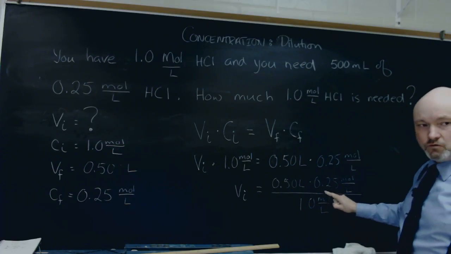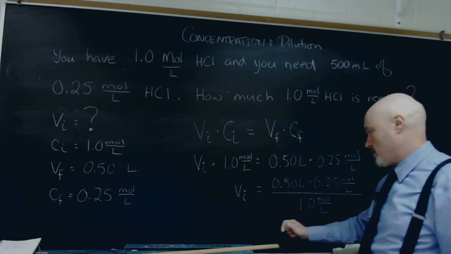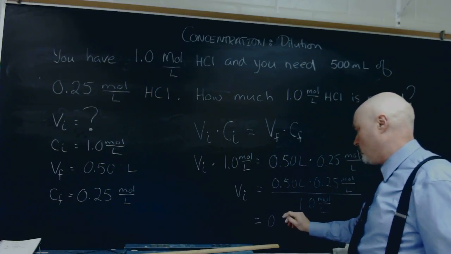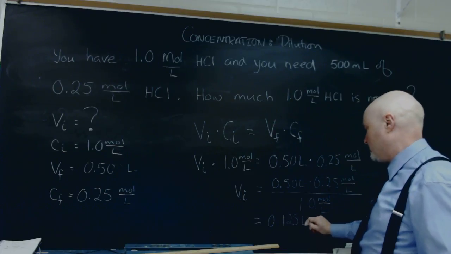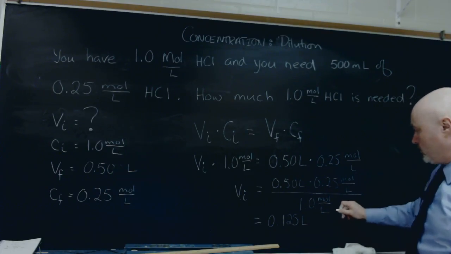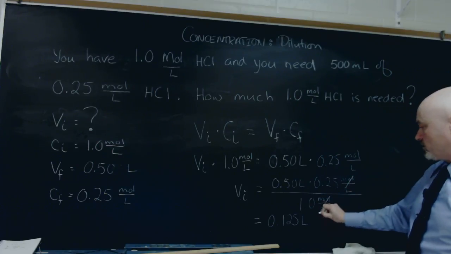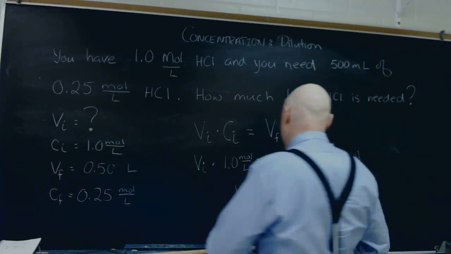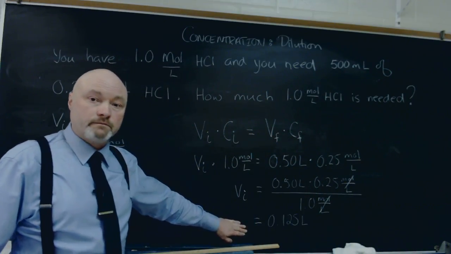And I'm going to do this calculation in my head. 1/4 of 0.5 is 0.125 liters. And so if you're following, canceling out all the units, these moles per liter are going to cancel, and it's going to leave me with units of liters, okay, which is sort of important.